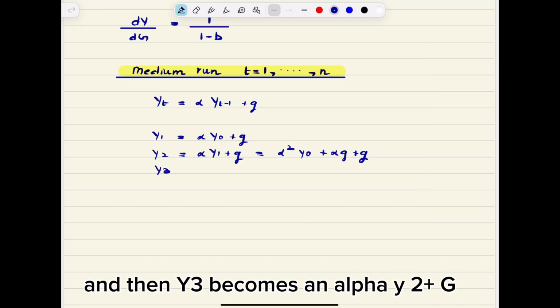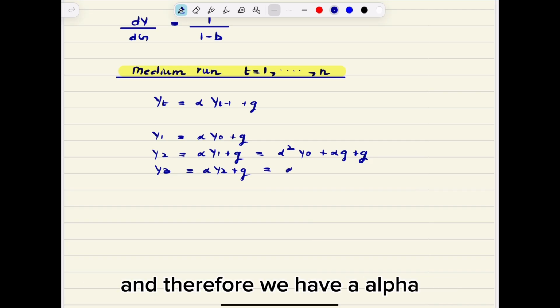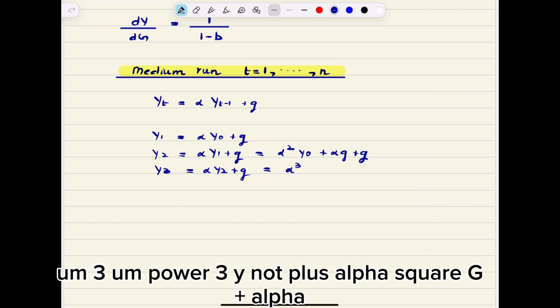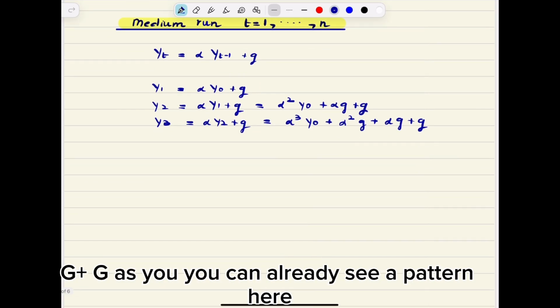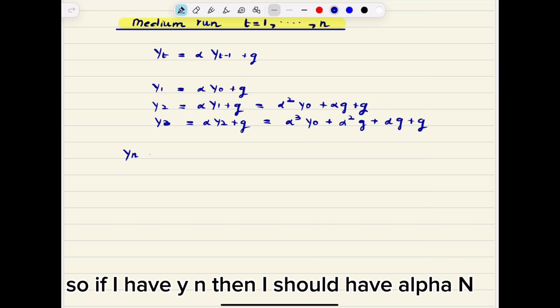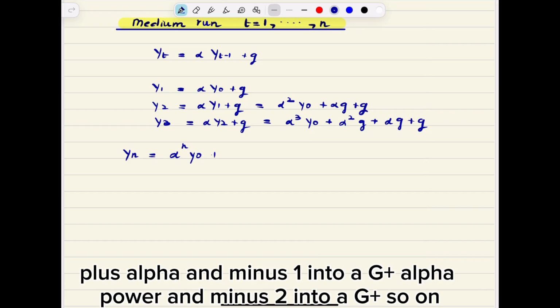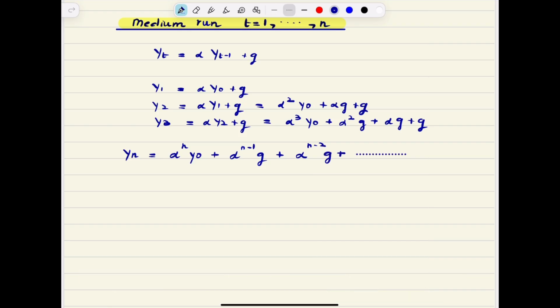Then y3 becomes alpha y2 plus g, and therefore we have alpha power 3 y naught plus alpha square g plus alpha g plus g. As you can already see a pattern here. So if I have yn, then I should have alpha n y naught plus alpha n minus 1 into g plus alpha power n minus 2 into g plus so on till g.